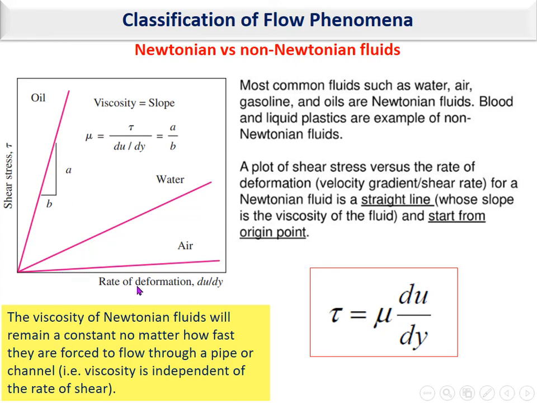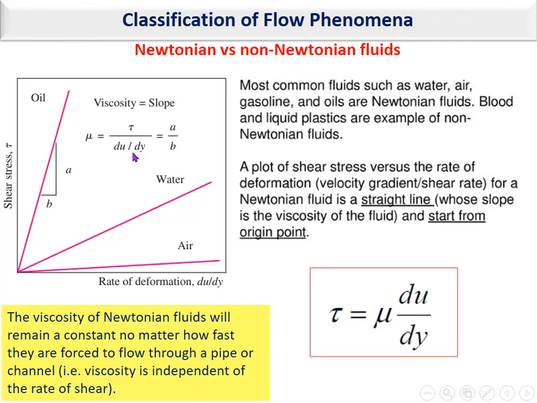So in this case, if you plot stress versus shear rate or rate of deformation, then for the Newtonian fluid a straight line will be given, where the slope of the line, as you can see here, is shear stress over shear rate, or rate of deformation du over dy.